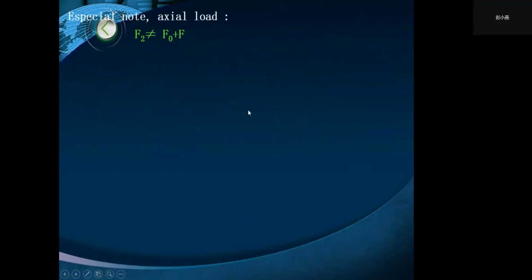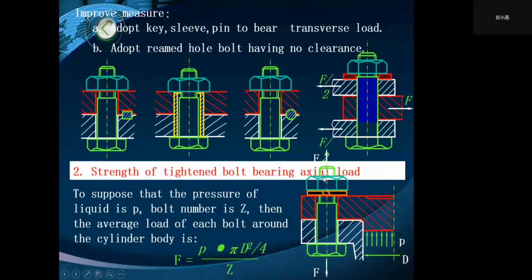We should note that for axial load, the force acting on the bolt, F2, is not equal to the preload plus the axial load.